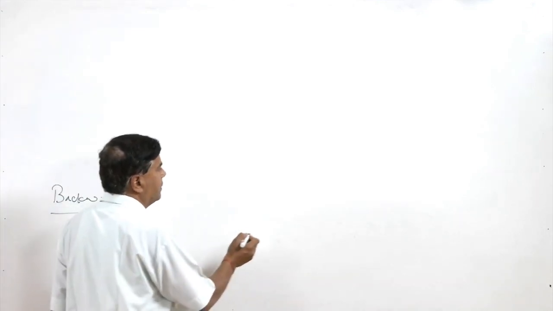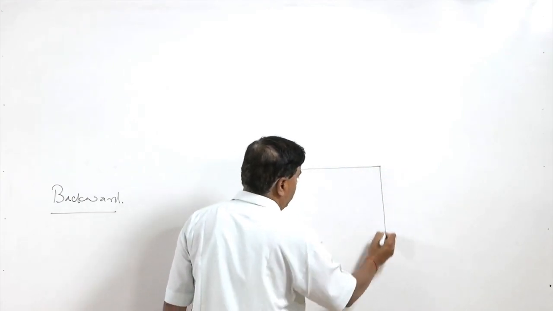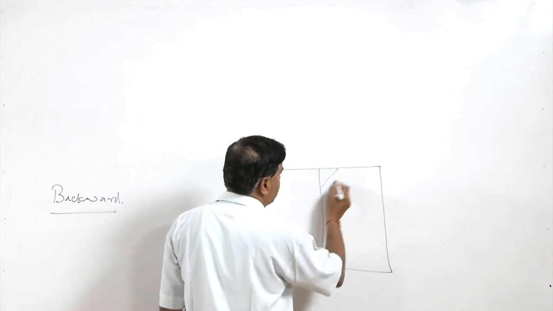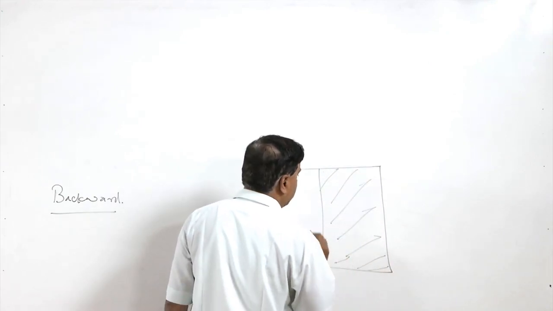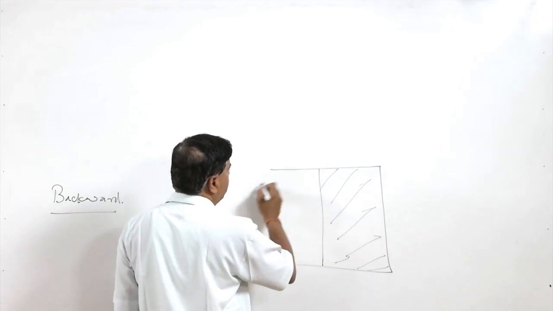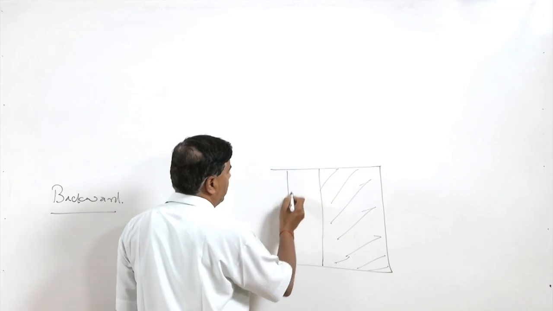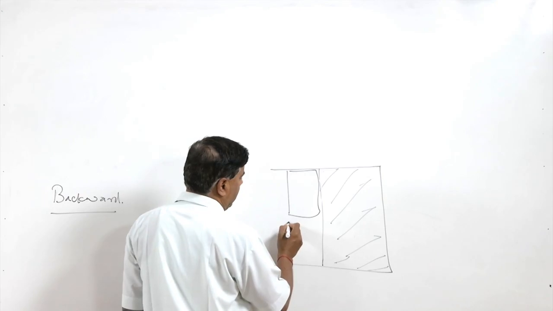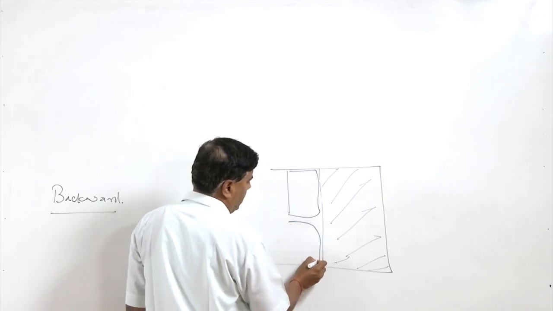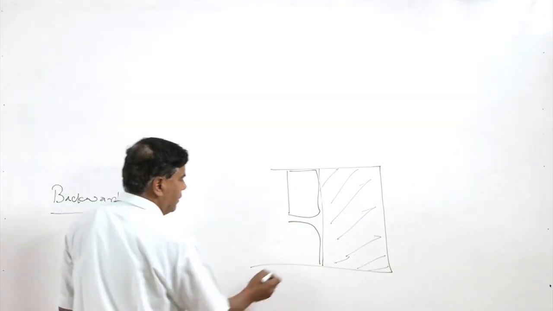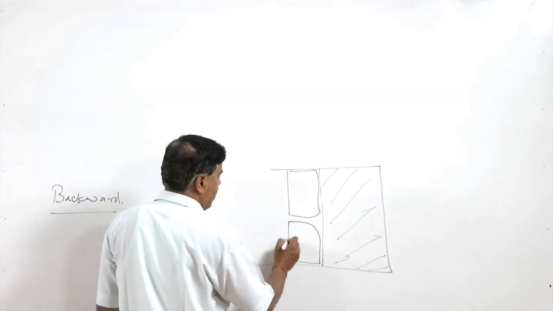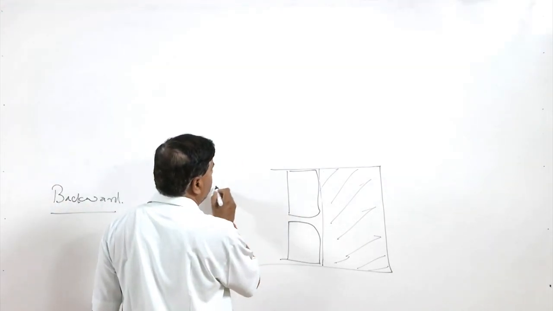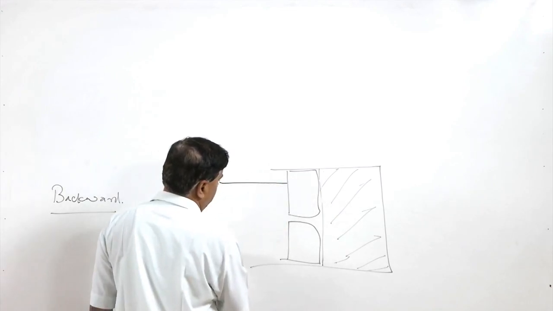In backward extrusion, the configuration is slightly different. Here we have a closed end die cavity, and the billet is placed in the cylindrical container. Then we use one die having an opening of the desired shape, and pressure is applied on the die through the ram.